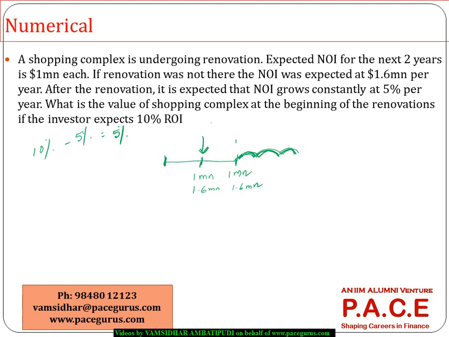So the value of this particular building is going to be 1.6 million divided by the 5% capitalization rate, which is the value after 1 year.